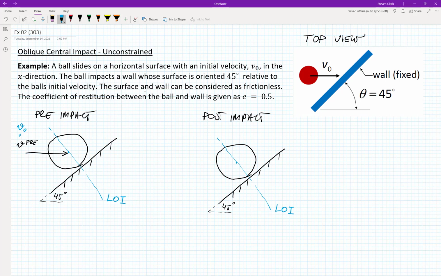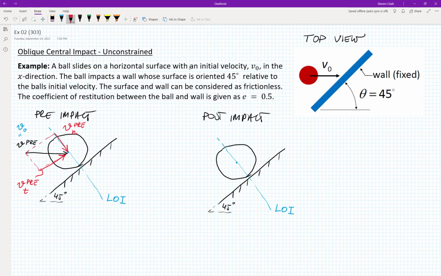In such problems, your first step is to project that velocity onto the line of impact and the direction that is perpendicular to the line of impact. So we must find these two projections. This one will be V pre, but in the normal direction, and this one will be V pre, but in the tangential direction.